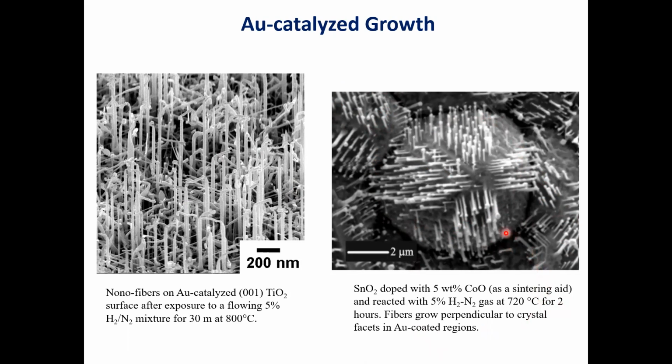And you can see that during the treatment, the fiber is growing with gold at the tip. So gold is a marker. And you can see this grain has different crystal facets, crystal orientations, and on each facet, all these fibers are actually parallel, which is expected.